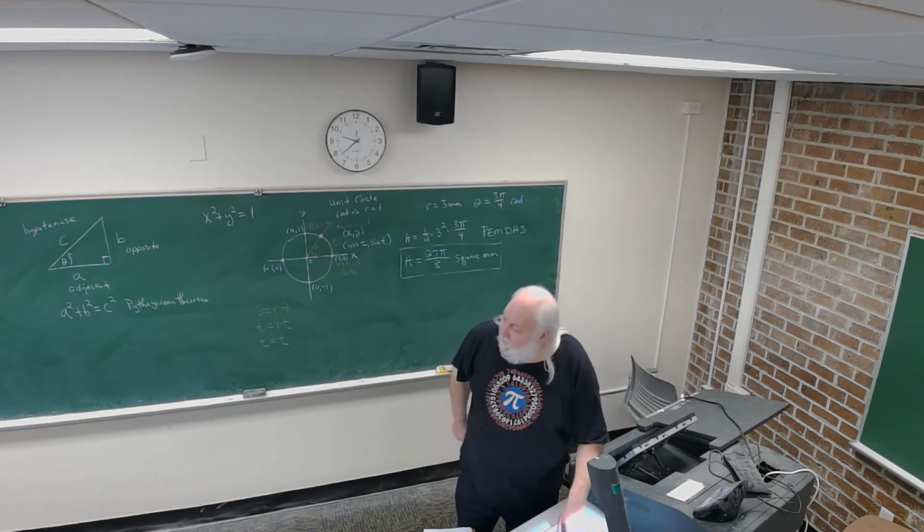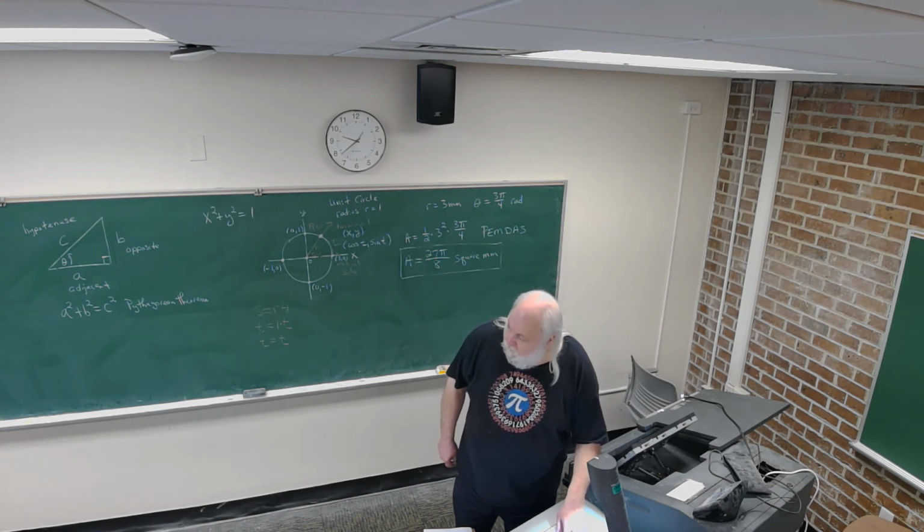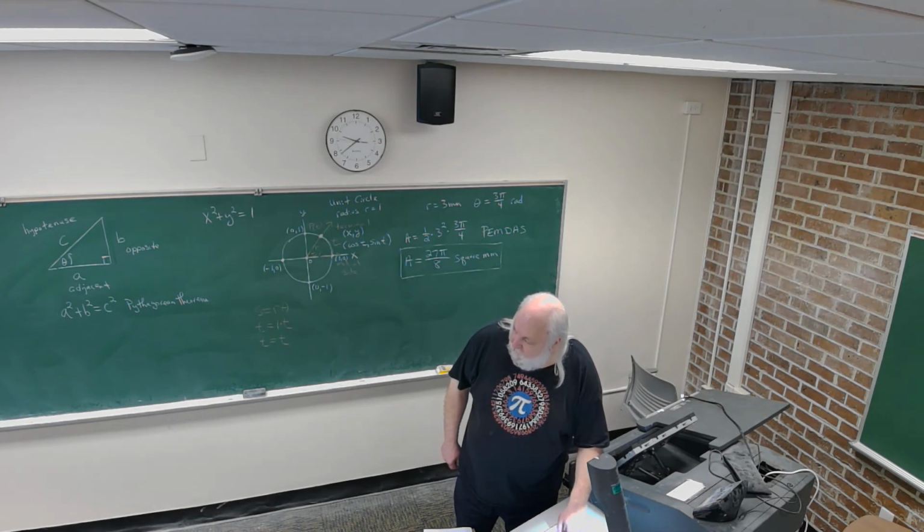It's common to put the square on the superscript of the trig function. So instead of writing cosine t in parentheses squared, we have cosine squared t plus sine squared t.